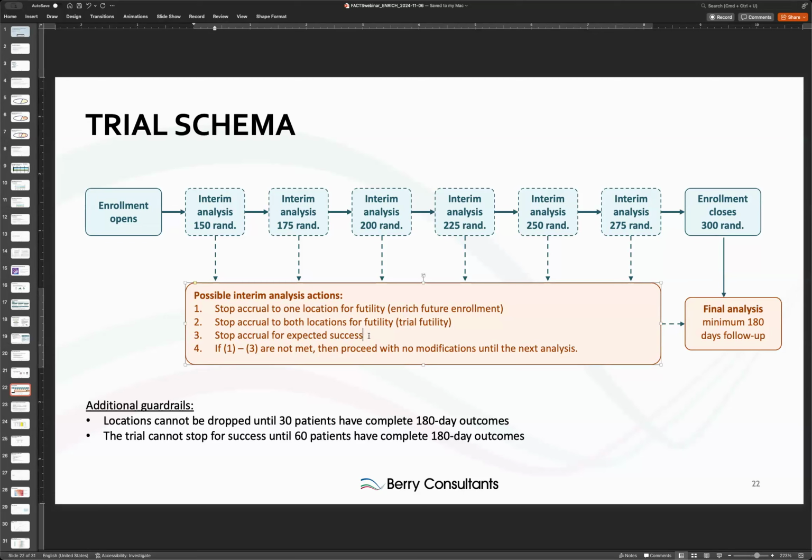What this rule is telling us is stop accrual, and it separates the primary analysis from the decision to stop accrual. So it says, we think it's likely you'll be successful if you stop now and follow up all the patients. I hope that answered the question. Yeah, thanks. Okay.